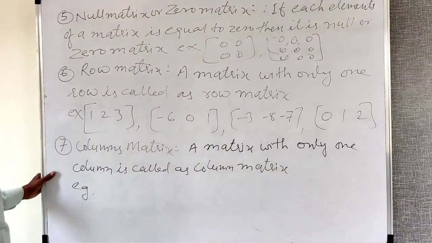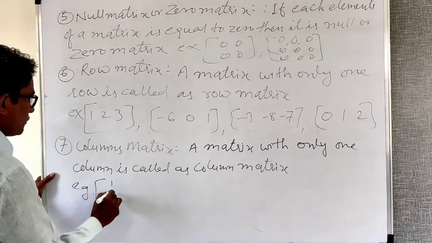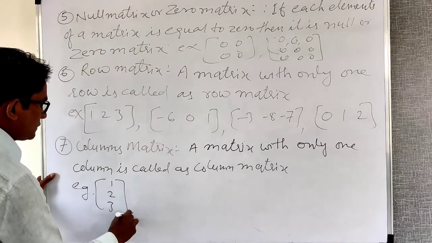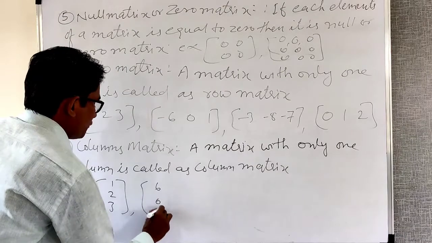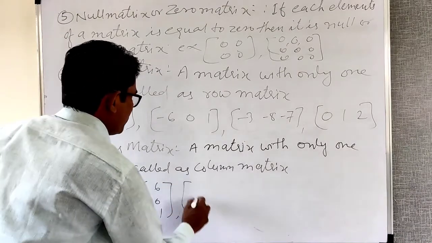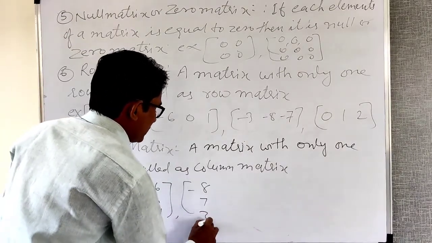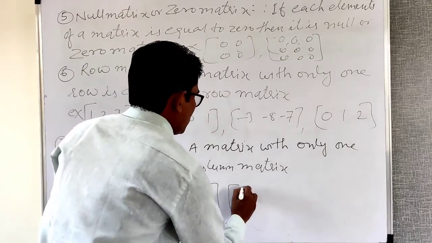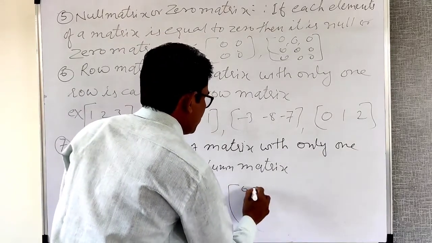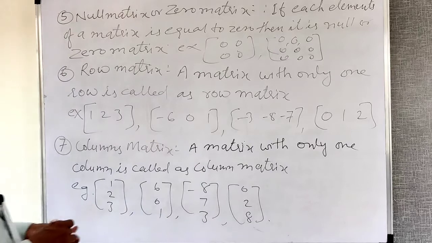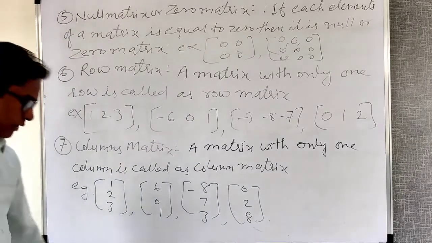Example: 1 2 3; 6 0 1; -8 7 3; 0 2 8. These are the examples of column matrix.